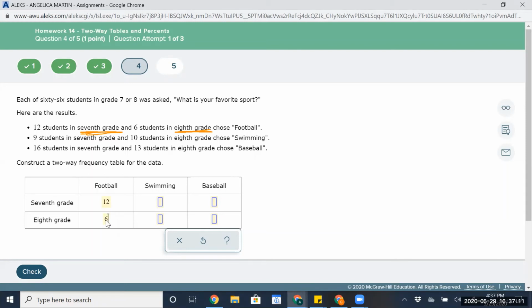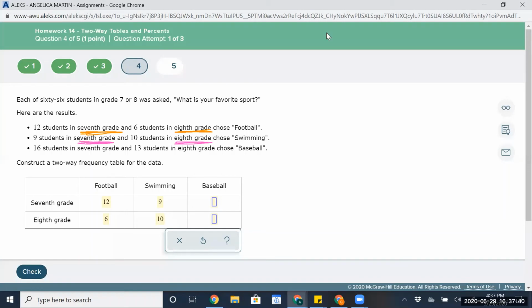Continuing on, 9 students in 7th grade and 10 students in 8th grade chose swimming. So again, with my careful reading, I find for swimming, 9 7th graders chose swimming and 10 8th graders chose swimming. So 8th graders preferred swimming a little bit more than 7th graders.